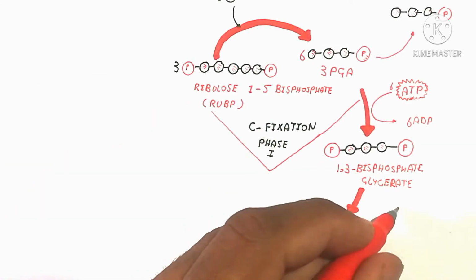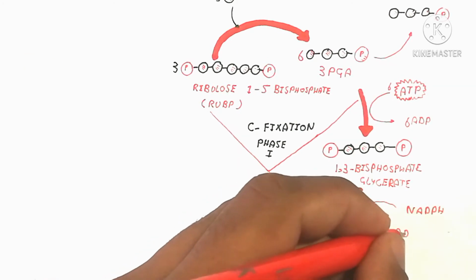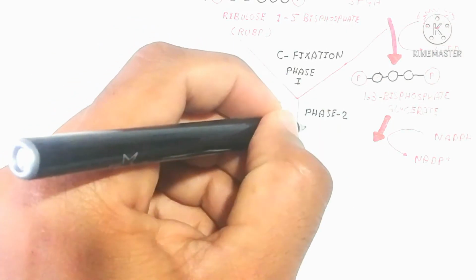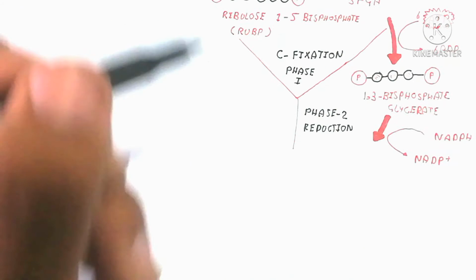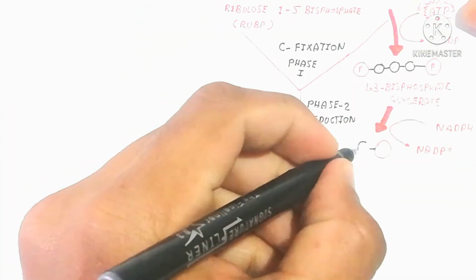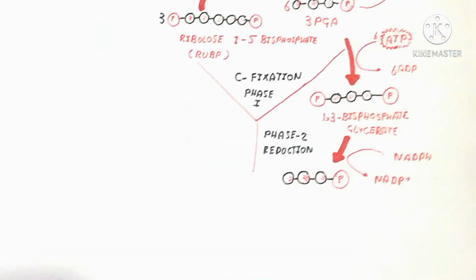Here NADPH is used by the dehydrogenase enzyme and converts to NADP plus, and the product will be glyceraldehyde 3-phosphate, G3P, 6 molecules.